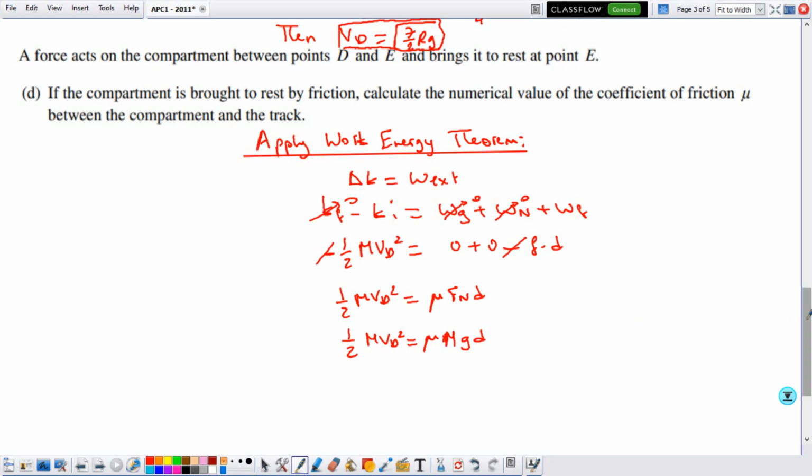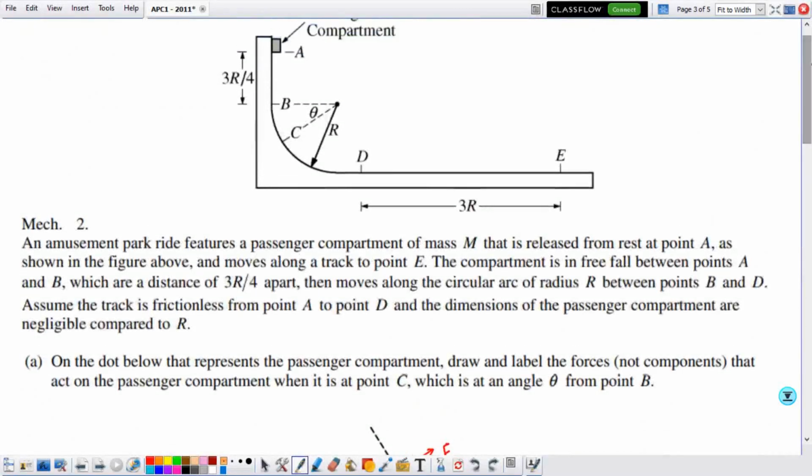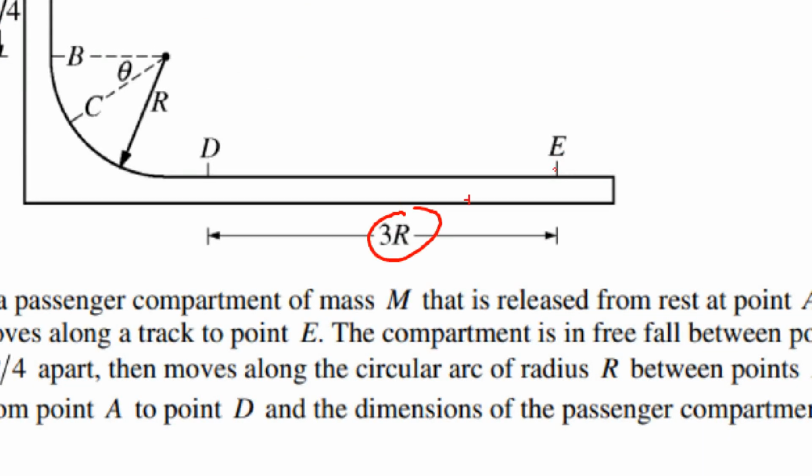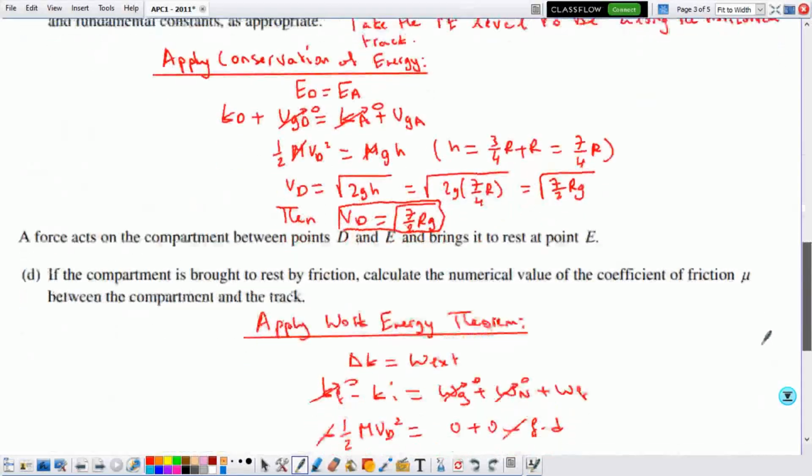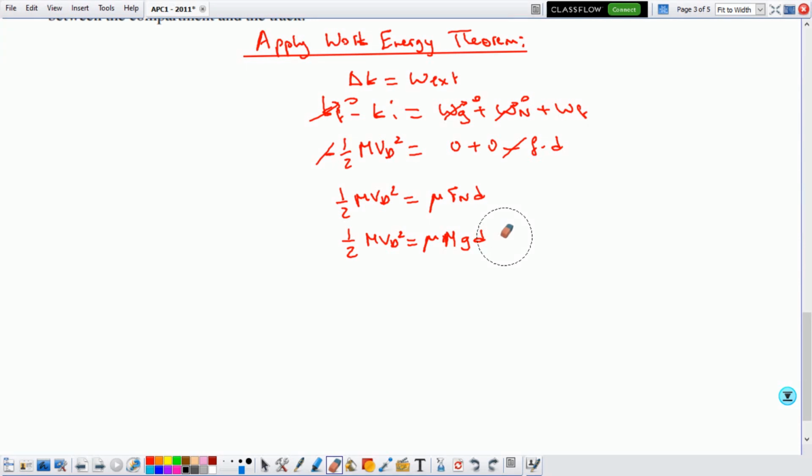Now d would be the distance from point D to point E, and that is given in terms of 3R. So let me replace d by 3R. Now m would cancel, and we would have half vD squared, given by 7 over 2 Rg, equals mu g 3R.